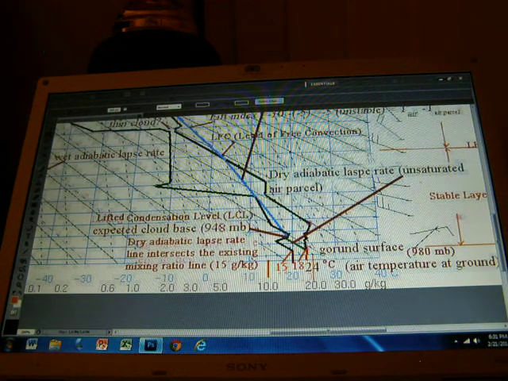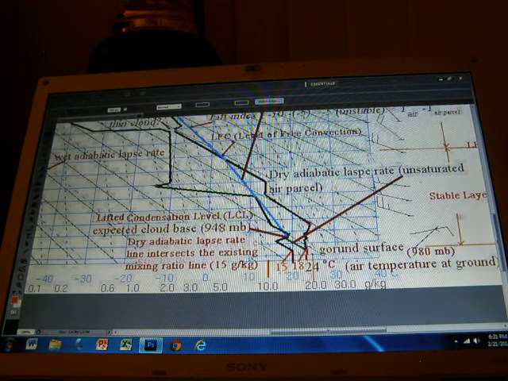At this point, the air is saturated because on the ground surface the air parcel can hold 18, but when it rises to this 948 millibar level, it can only hold 15. But the air parcel on the ground surface already has 15 grams, so saturation occurs. This point or this level we call the lifting condensation level, LCL.